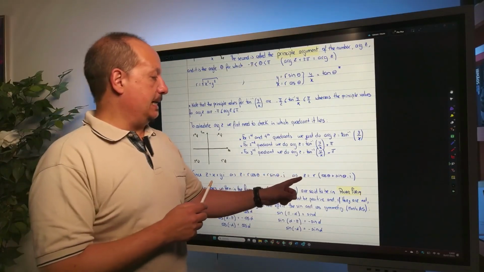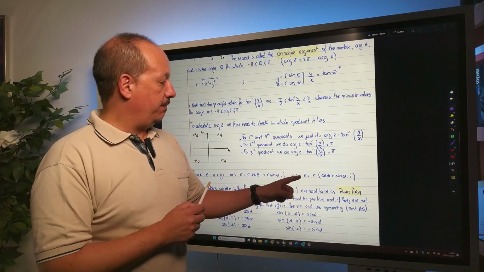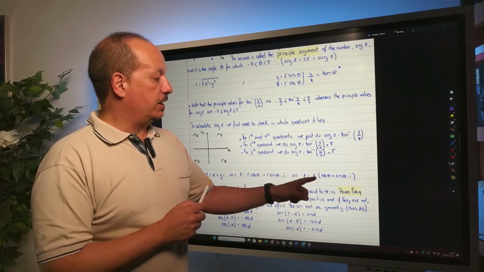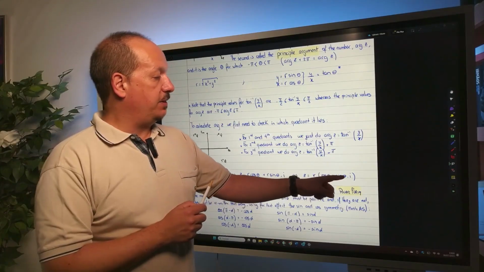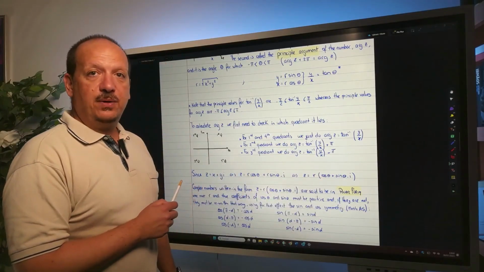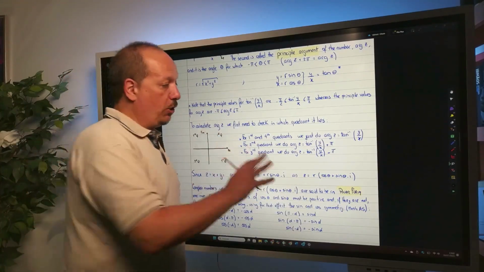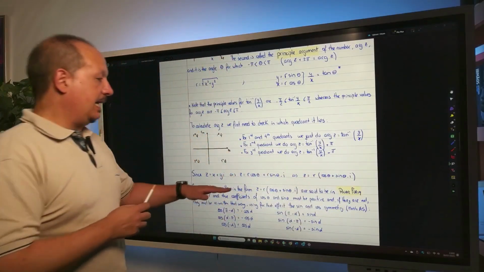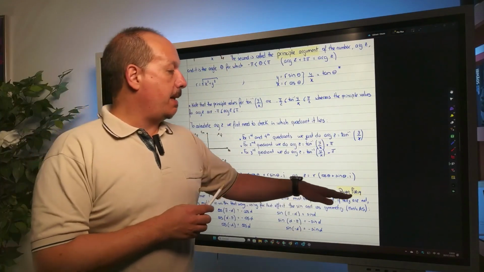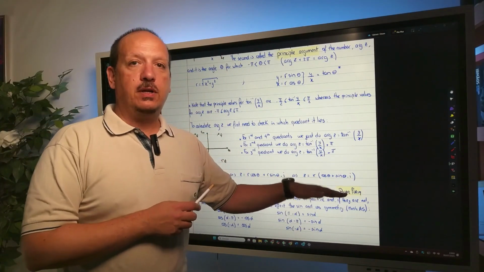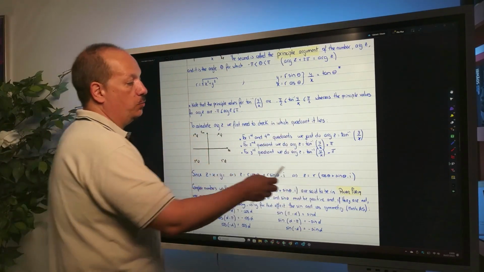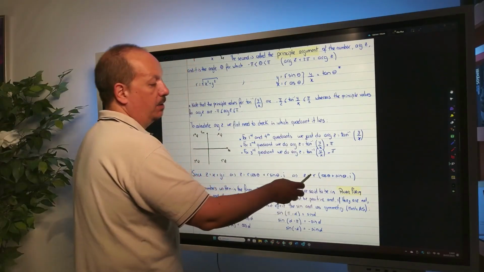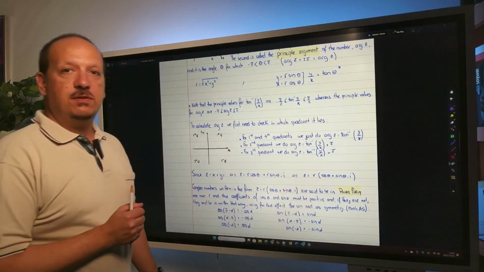So we can write a complex number z as r, open brackets, cosine of theta plus sine of theta i. Okay? If you have a complex number written like this, we will say that it is written in the polar form. The only two parameters are just going to be r and theta, the modulus and the argument.